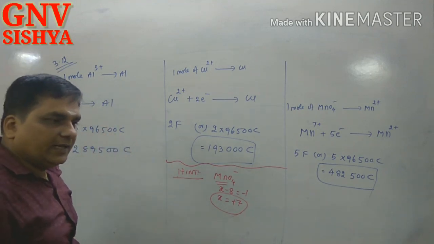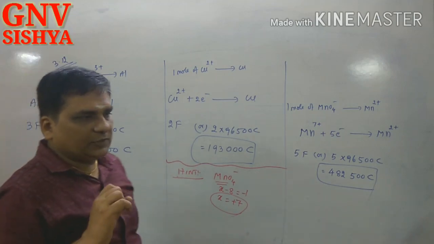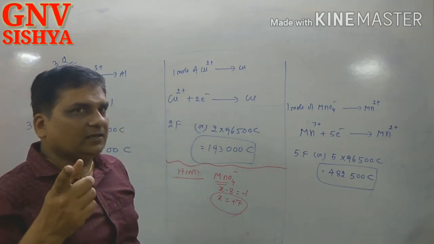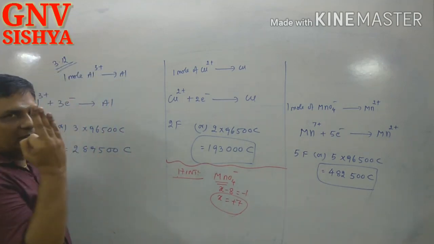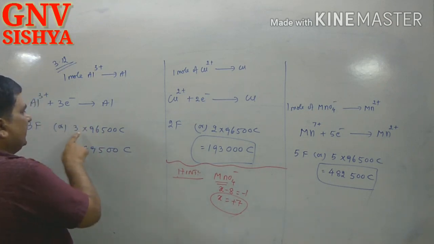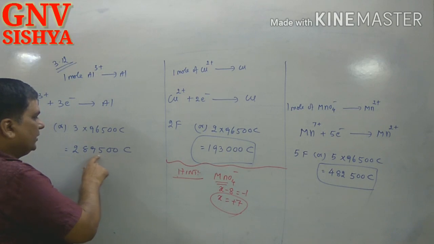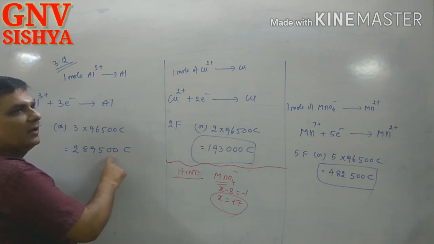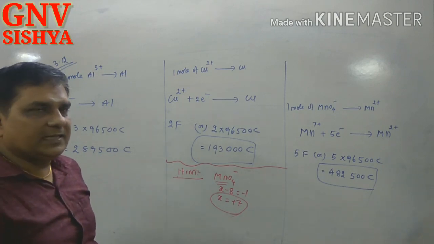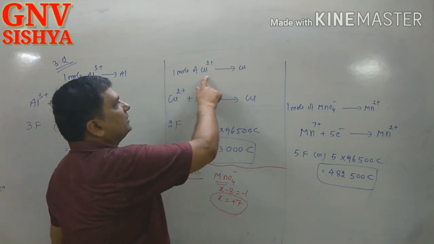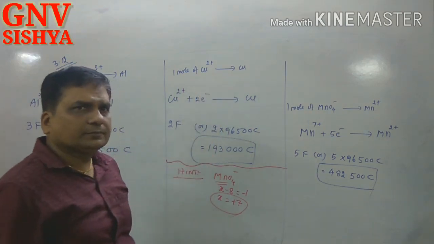N refers to valency, or the number of electrons involved. Here also the number of electrons involved is 3. So 3 Faraday. Coulombs: 3 into 96,500 coulomb. Upon multiplication you get 289,500 coulomb.